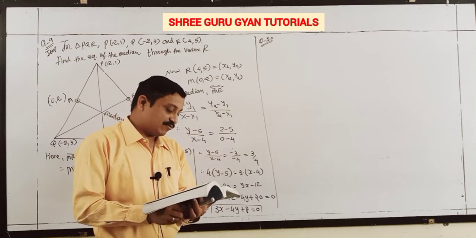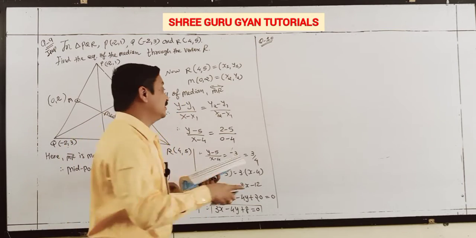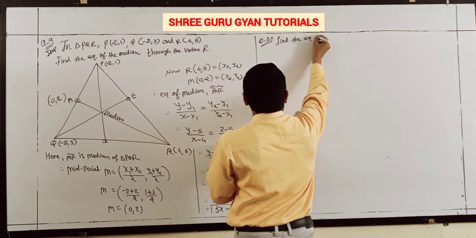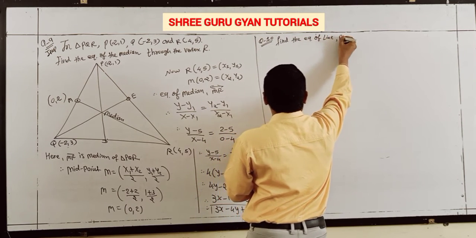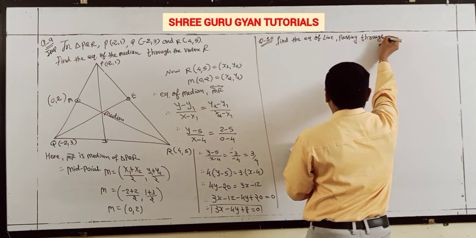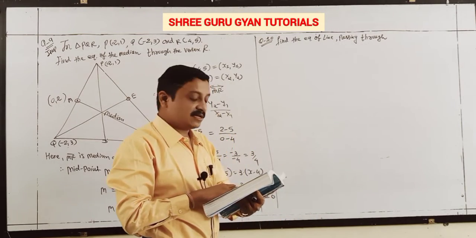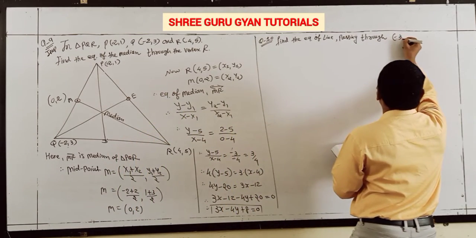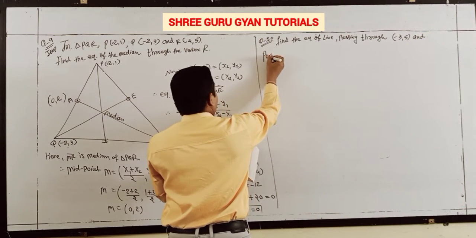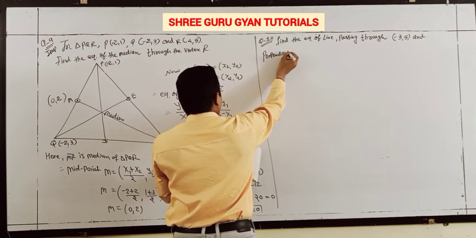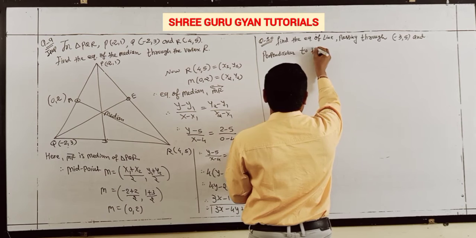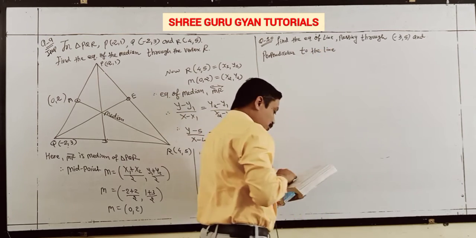My 10th question is: find the equation of the line passing through the given point (-3, 5) and perpendicular to the line passing through the points.